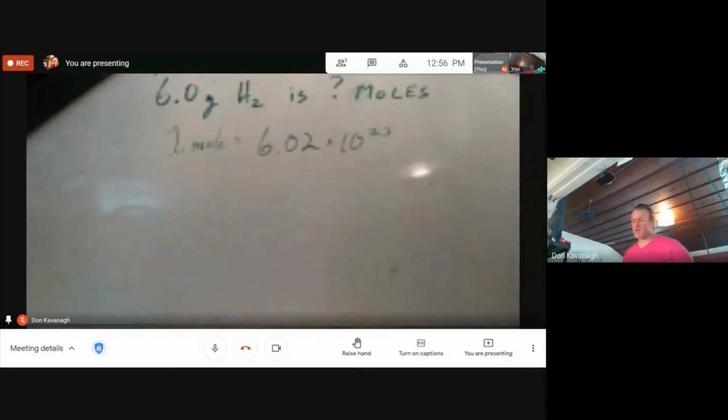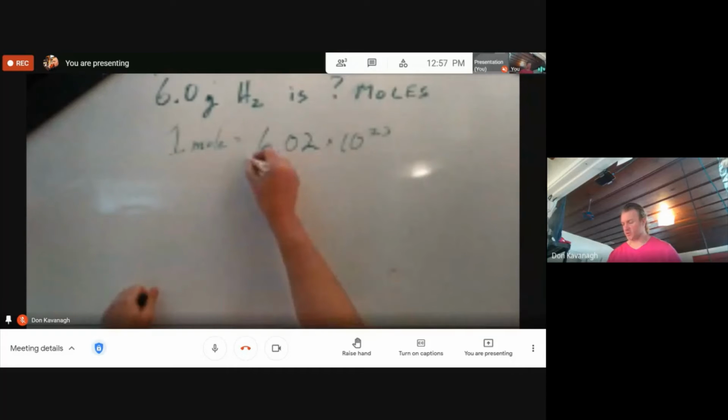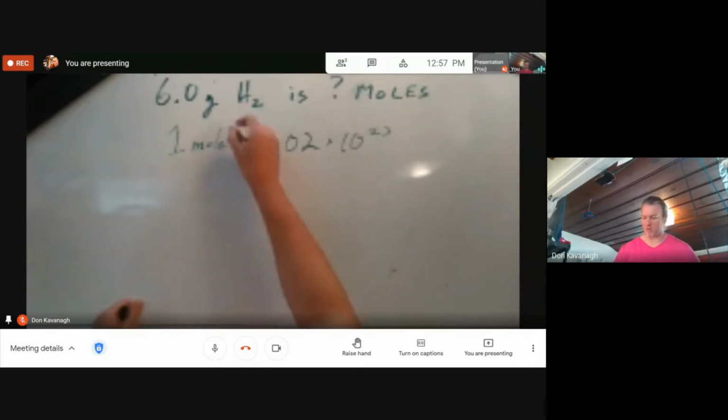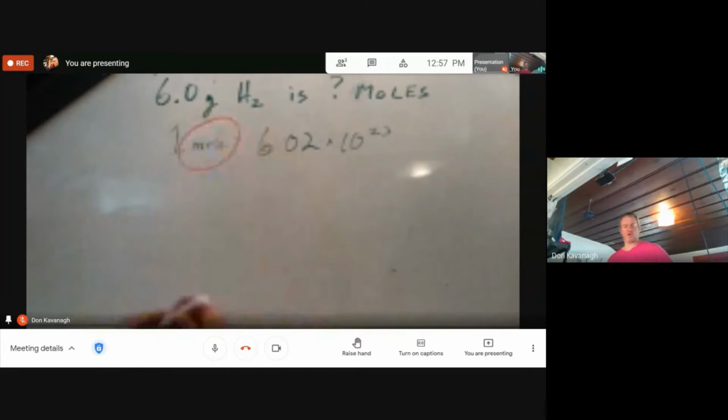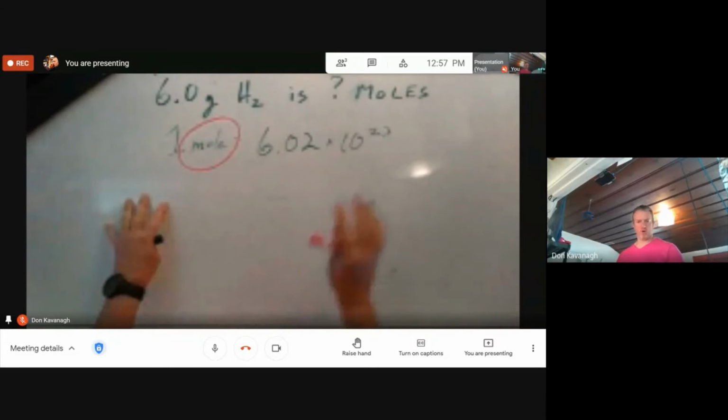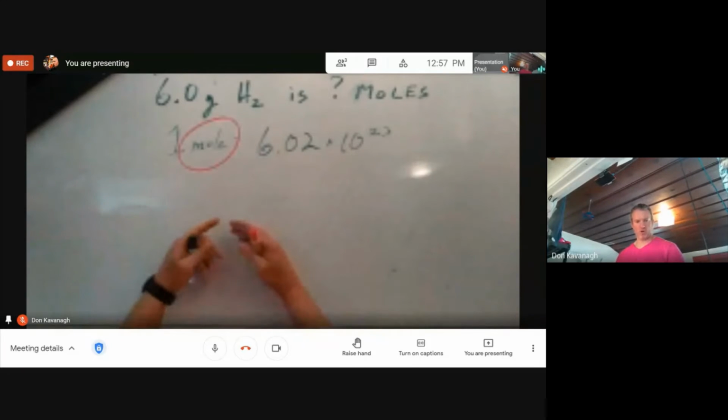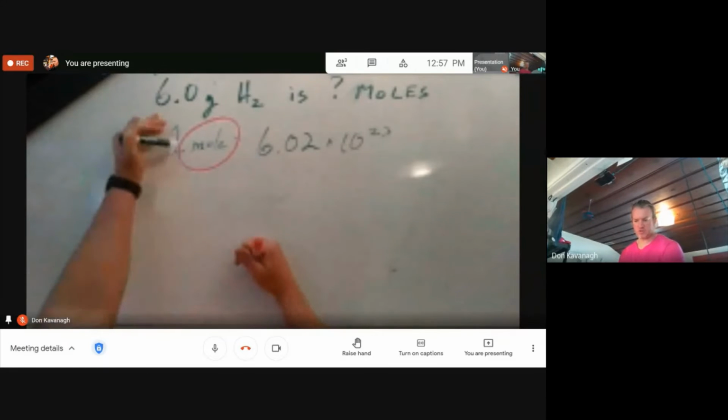Now, in chemistry, we don't usually use that number, 6.02 times 10 to the 23rd. What we do use is this idea of how many moles we have, because we use it in equivalencies. If we have 1 mole of this and 1 mole of that, they combine in a 1-to-1 mole ratio.